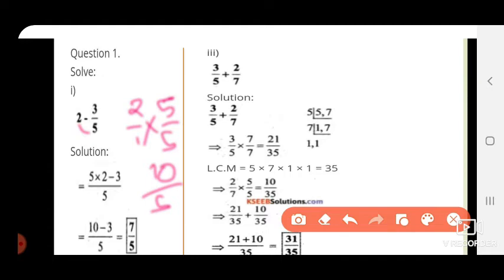Now to get 35 as a denominator, first 3 by 5 should be multiplied with 7 by 7. So we will get 21 by 35. In the same way, our next fraction is 2 by 7. To get the 35, we have to multiply with 5 by 5.